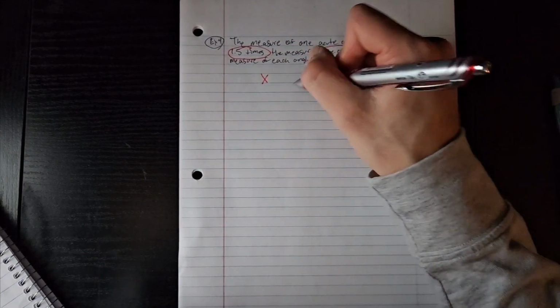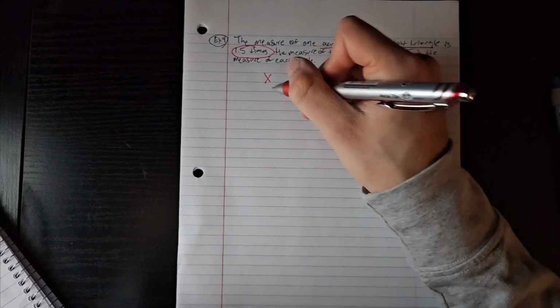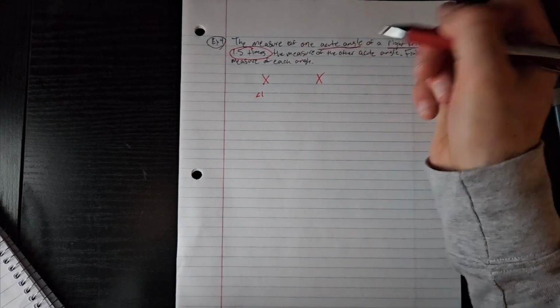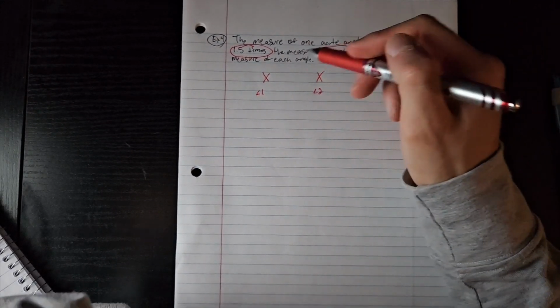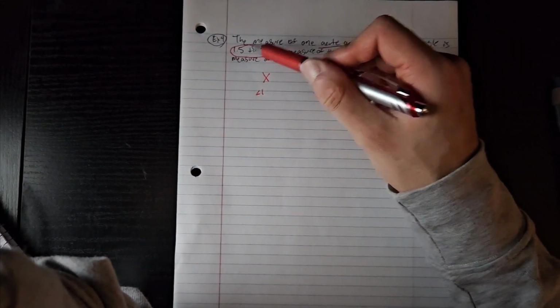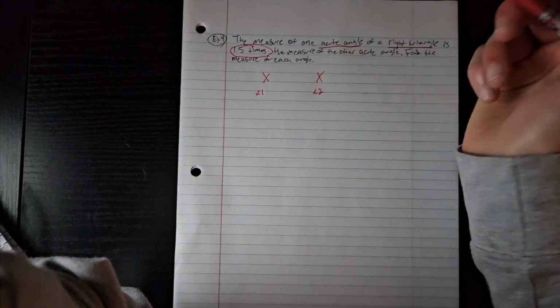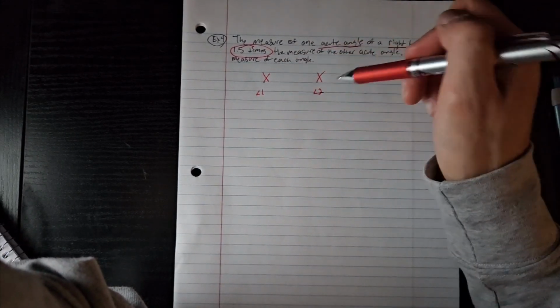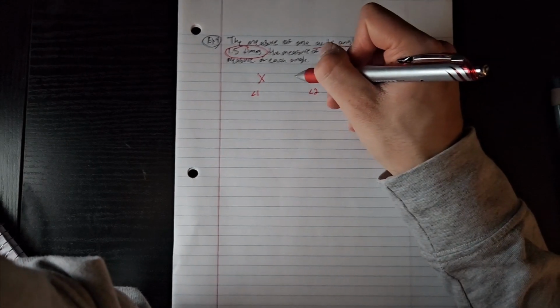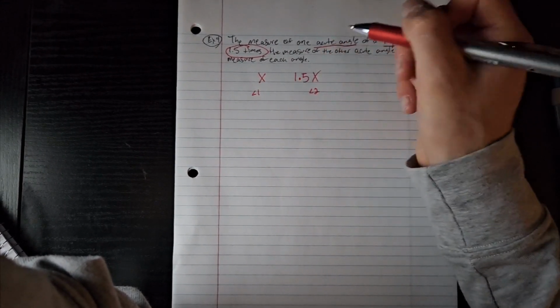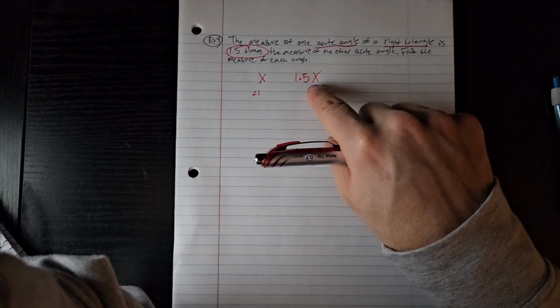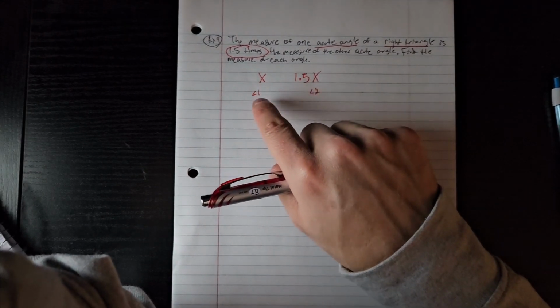So let's say we have x and x. This is angle 1. We're just going to label as angle 1. This is angle 2. We know that one of these angles is 1.5 times bigger than the other angle. So I have angle 1 and angle 2. For one of these x's, I'm going to write 1.5 right next to it, because now this angle is going to be 1.5 times bigger than this.